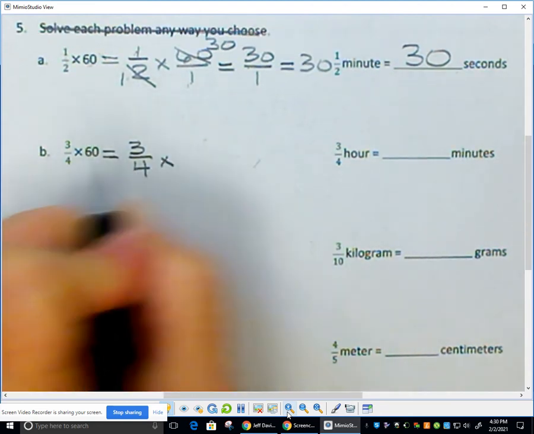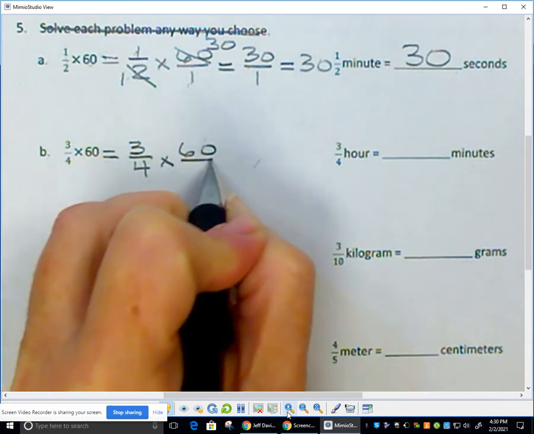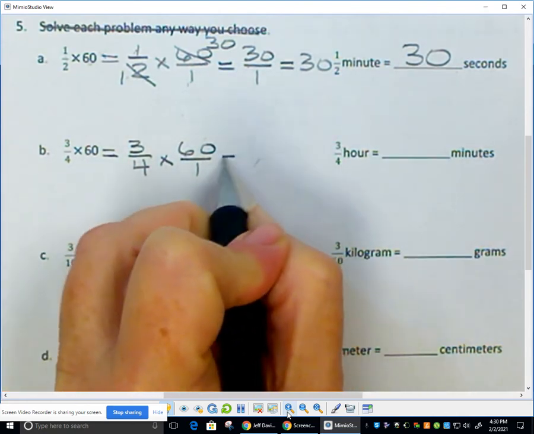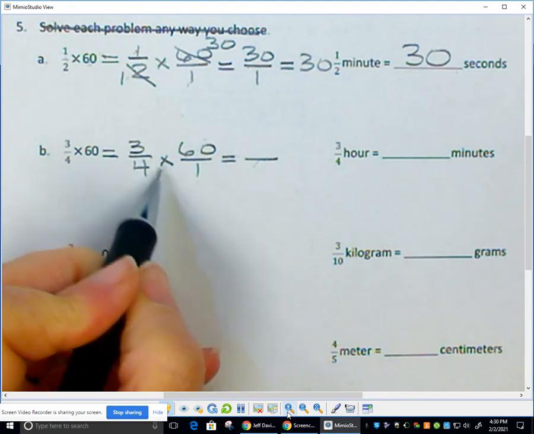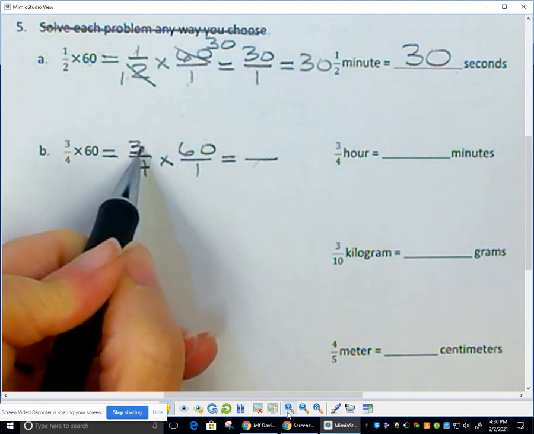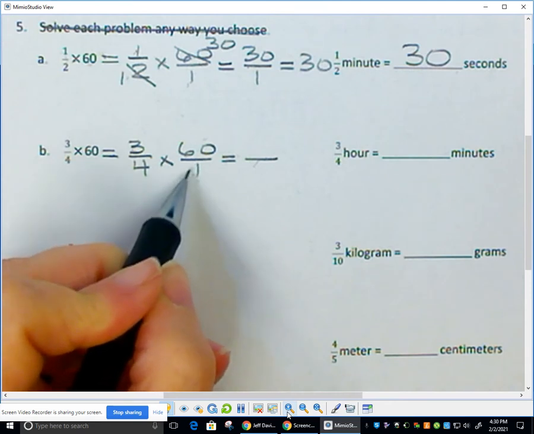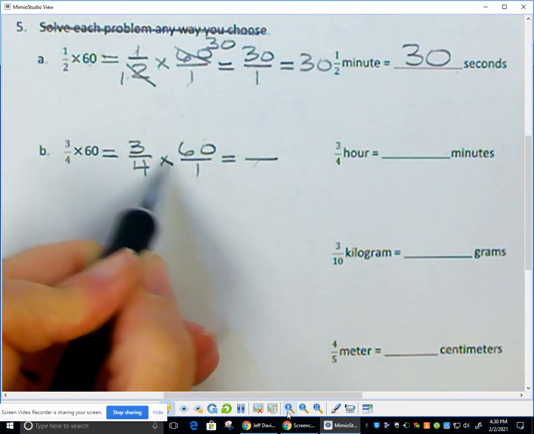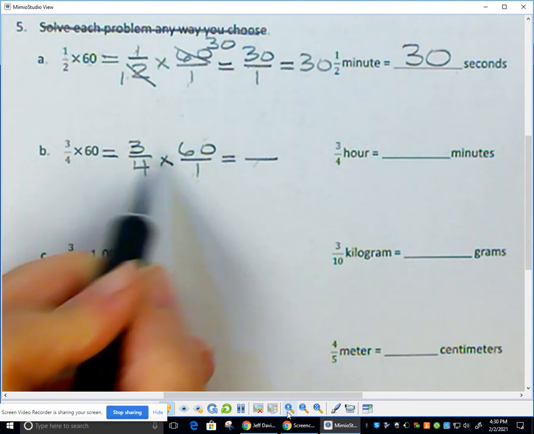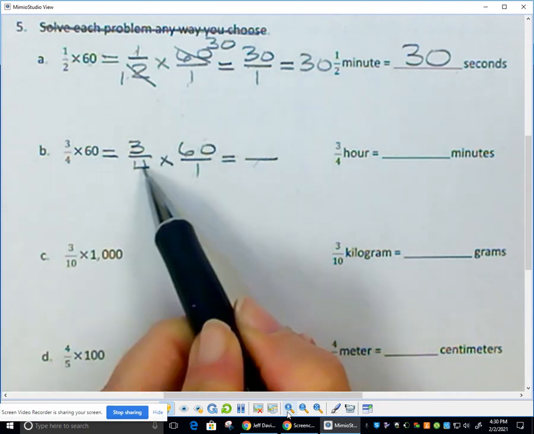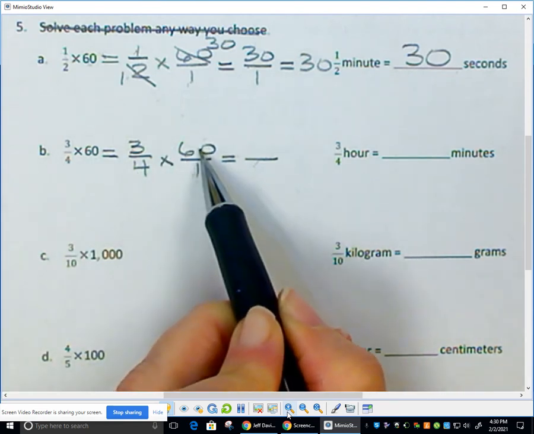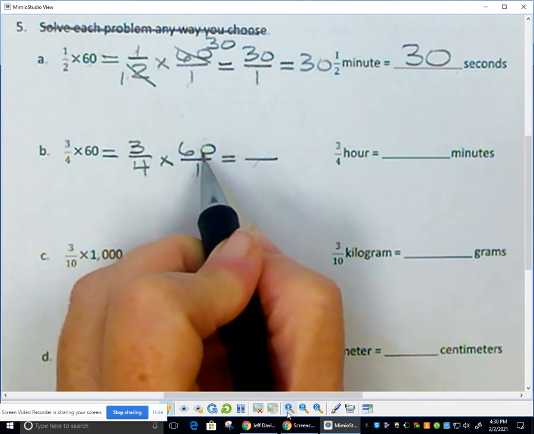So 3/4 times, I'll take 60 over 1 equals, let's cross cancel, 1 into 3 because it's my lowest number. Remember, when you're using 1 to cross cancel, you'll leave them alone because nothing changes. All right, we've got 4 and 60. 4 will go into 60.